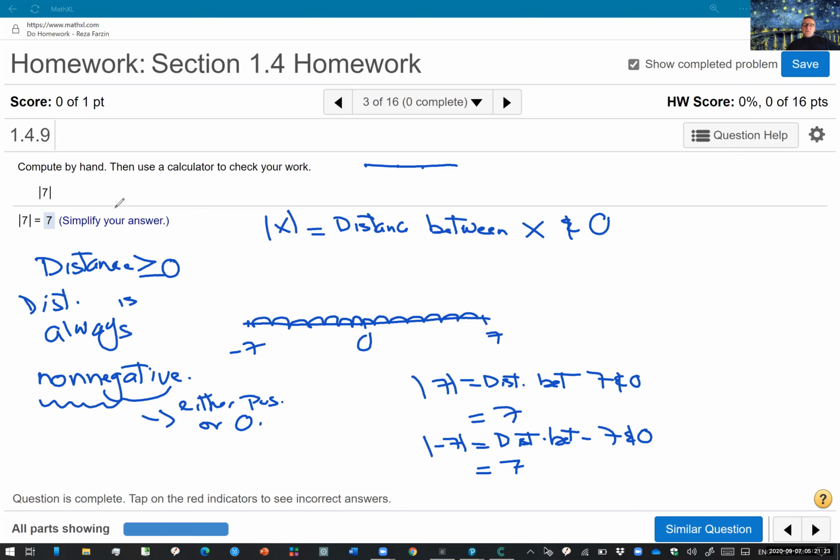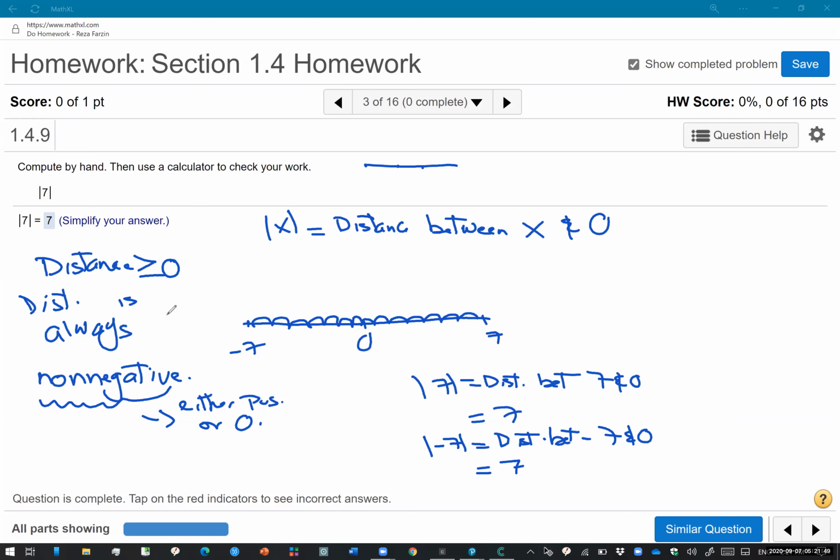Okay, so remember, absolute value. When you think absolute value, I want you to think what? What do I want to come to your mind when you think absolute value? Distance. Okay? And when you think distance, I want you to think what? Non-negative.